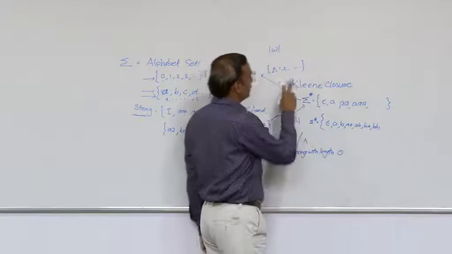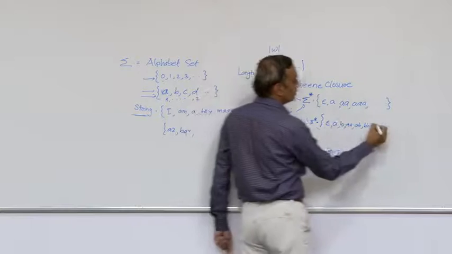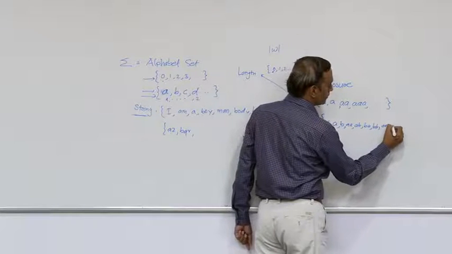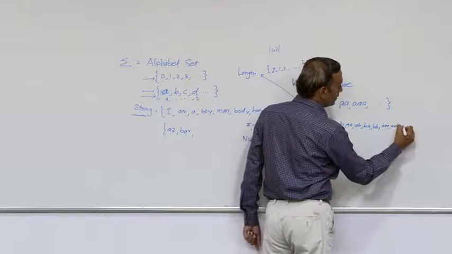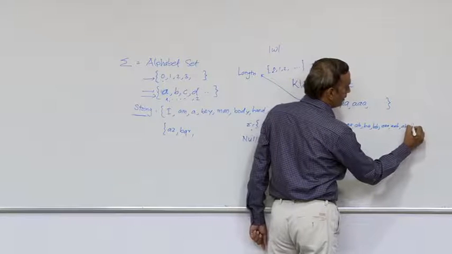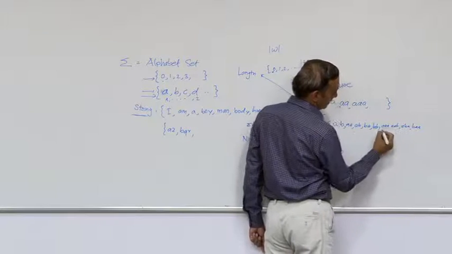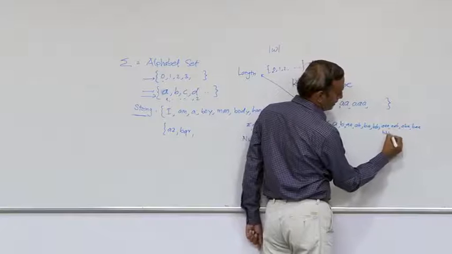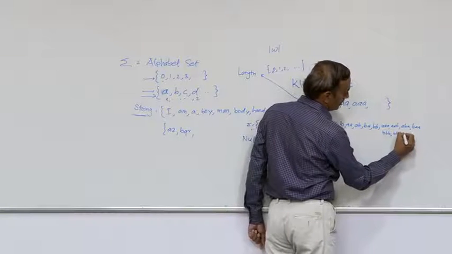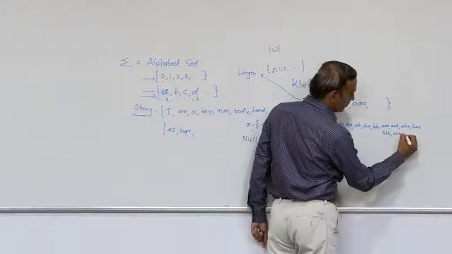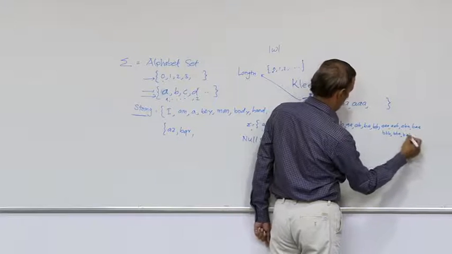Then the next length would be 3: AAA, AAB, ABA, BAA, then BBB, then BBA, then BAB, then what would be next?